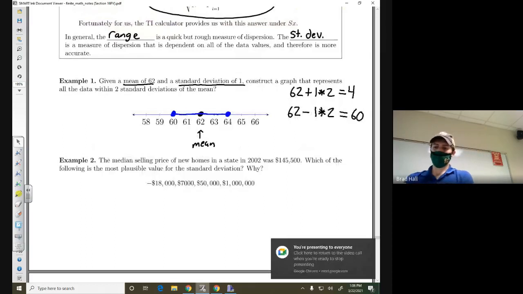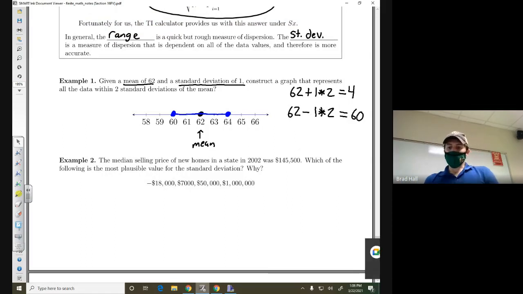Okay, let's look at another situation. The median selling price of new homes in a state in 2002 was $145,500. So they're telling us the median, which is some measure of central tendency. Which of the following is the most plausible value for the standard deviation? All right, so now we're thinking, we barely know anything about this, but now you're wanting me to interpret this. Yes, I am. My spacing's kind of off here.